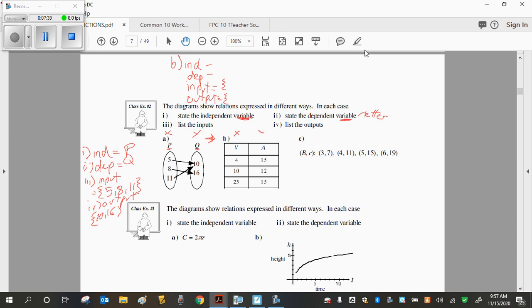It's helpful to put X and Y. Now you have to know, is X the independent or the dependent? And don't guess. You don't want 50% on these questions.